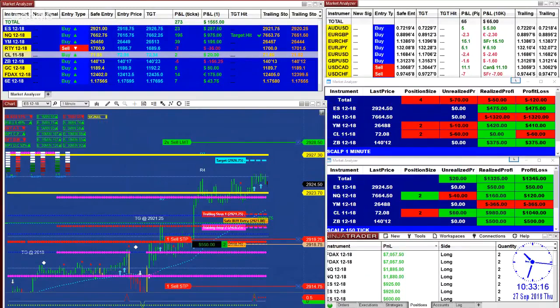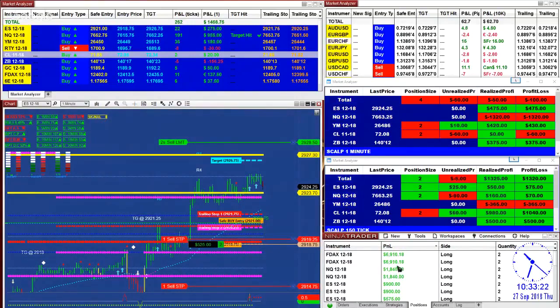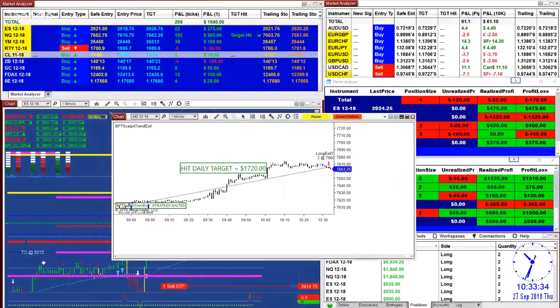On the other hand, if we look at the DAX trade, we're still on the same trade, and there are two charts up to 7,000. Okay, now the 1 minute Nasdaq is done. This is the one we were watching. And this is a 1 minute, not some kind of weird looking chart.